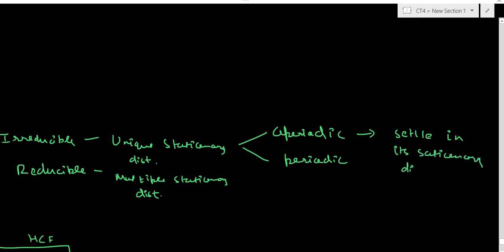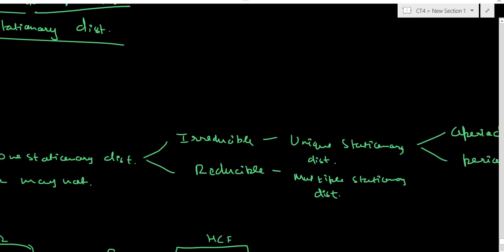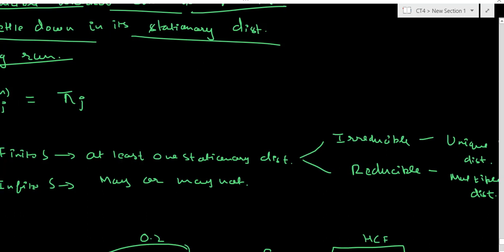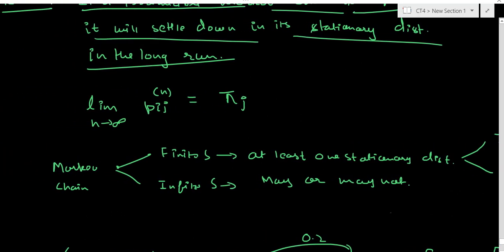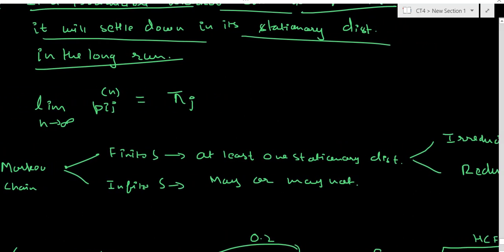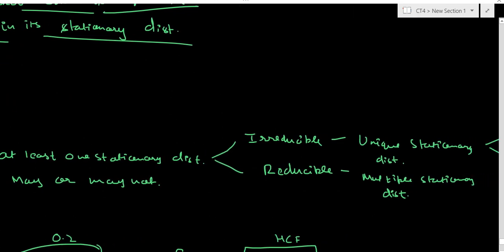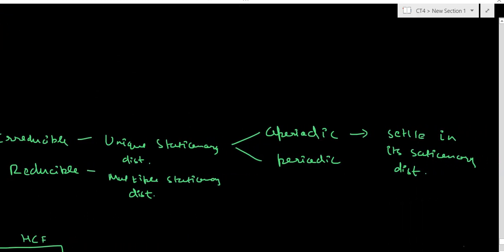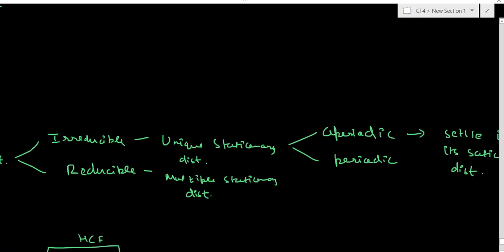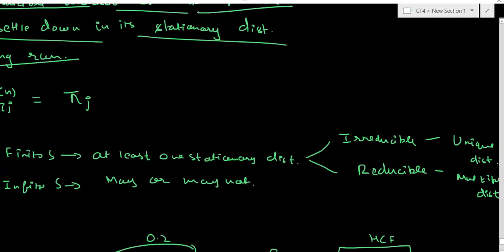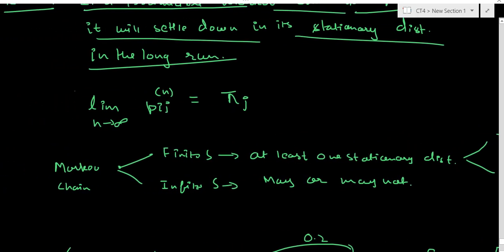We'll do the logic behind this in a very short while. But you need to note this diagram, that these are all the possible cases. Thus, a finite Markov chain with a finite state space, which is irreducible and aperiodic, has a unique stationary distribution and settles down in it in the long run.